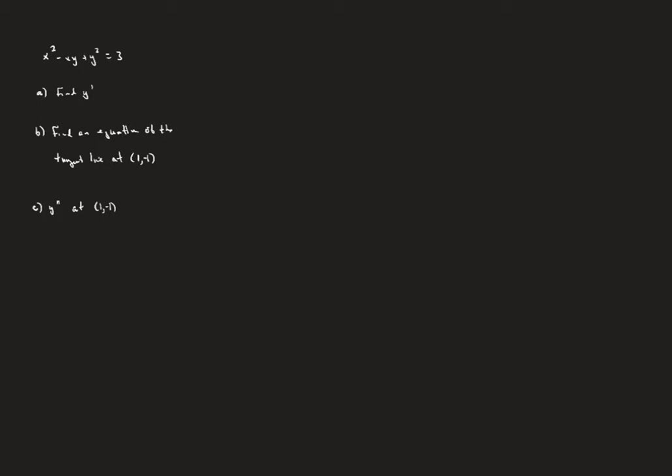So first, here's our chance to do implicit differentiation. So the derivative of x squared is 2x. Now this is a tricky one. This is a product rule. So I think what people seem to have the most success with is if they say it's a minus, and then we have the first x times the derivative of the second y prime, plus the second y times the derivative of the first, which is 1.